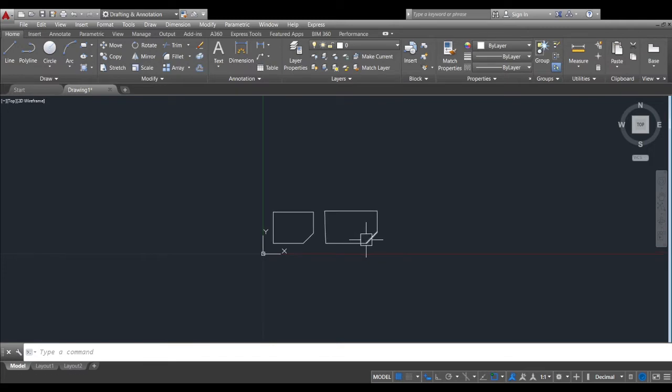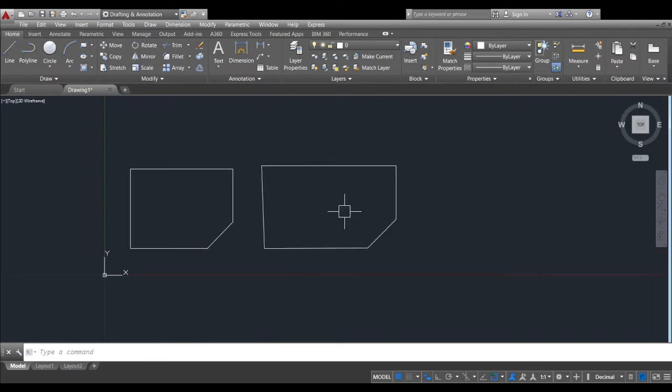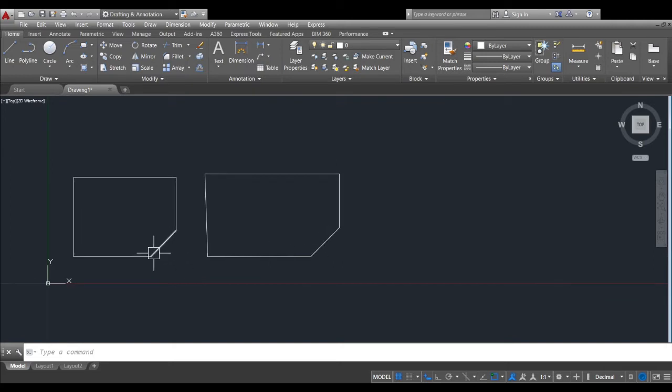So you see, this is the figure drawn using picking. And we can also draw the same figure using direct distance, turning the ortho on by clicking this icon or just pressing F8.